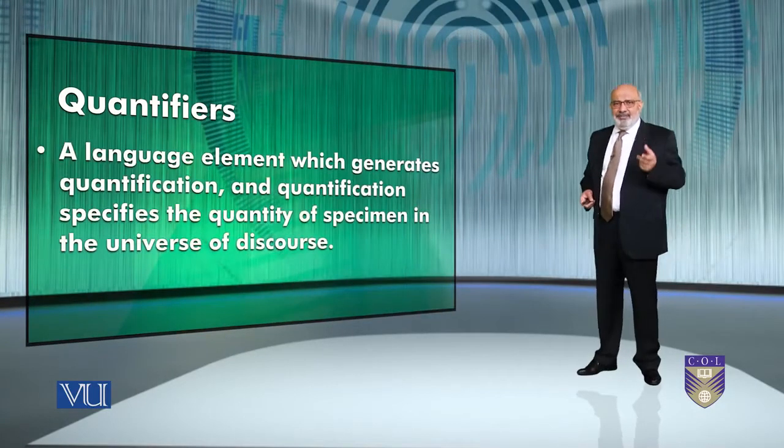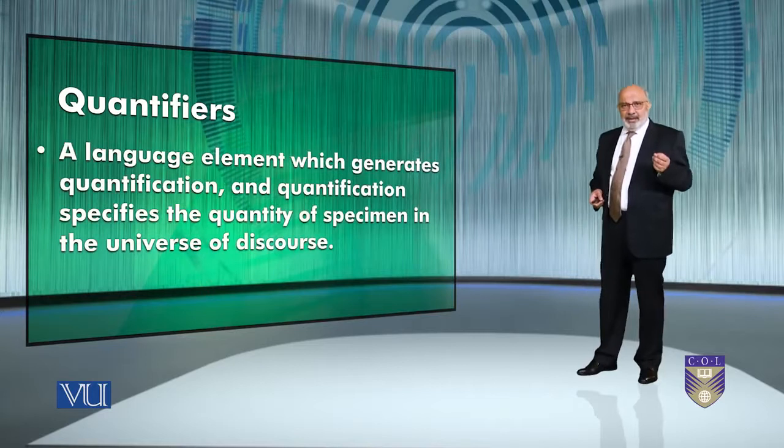And here I repeat what I've been saying before. AI is trying to replicate, computerize human thinking, human reasoning. So that's at the back of our mind, and this is why we're trying to put these things together. All right, so in first order logic, you've got something called a quantifier.